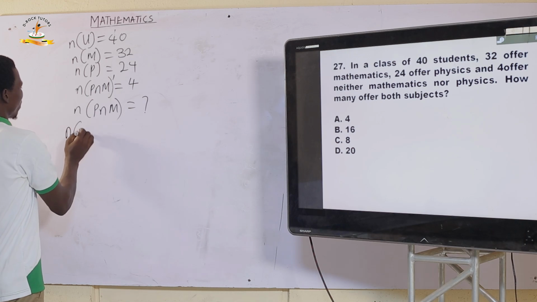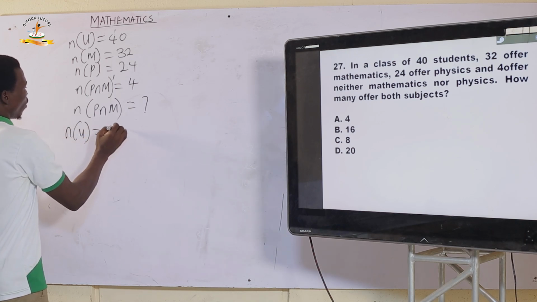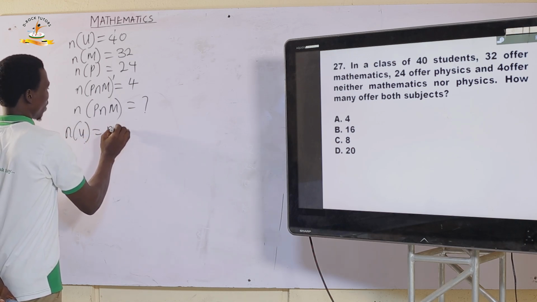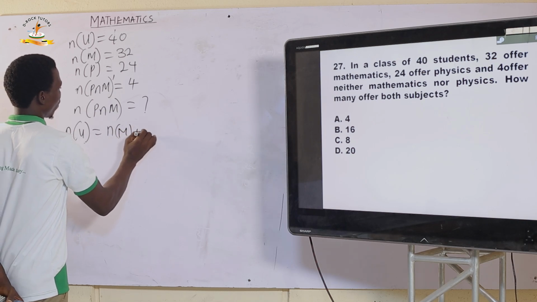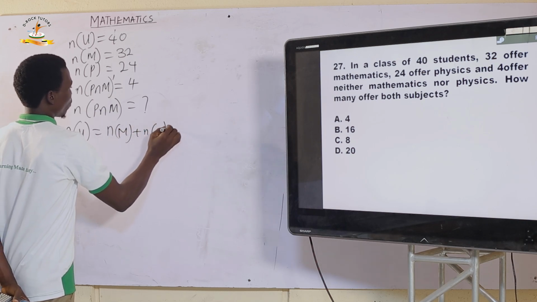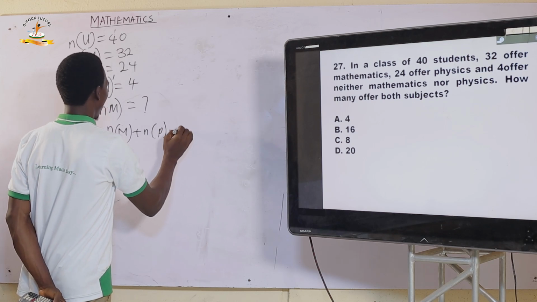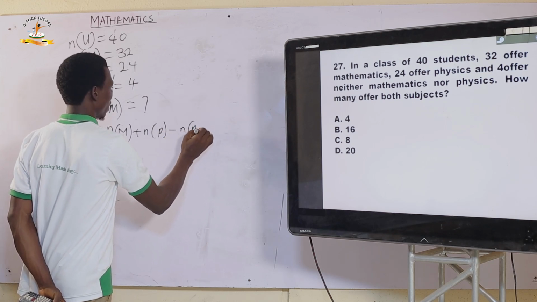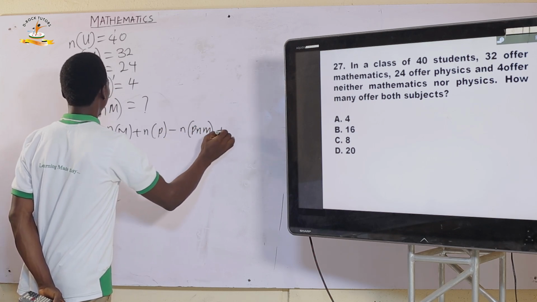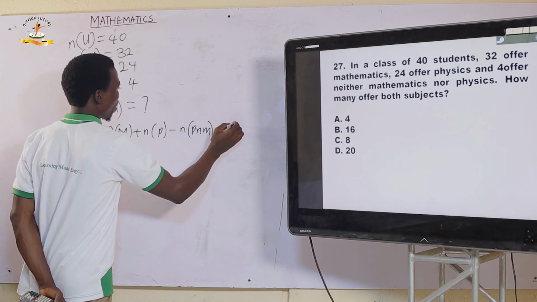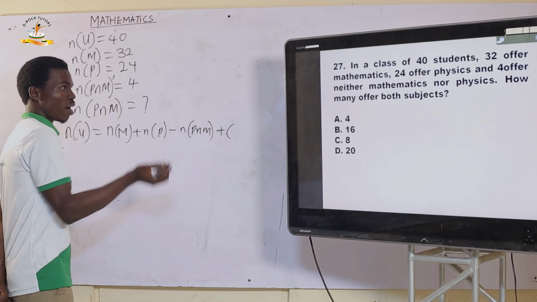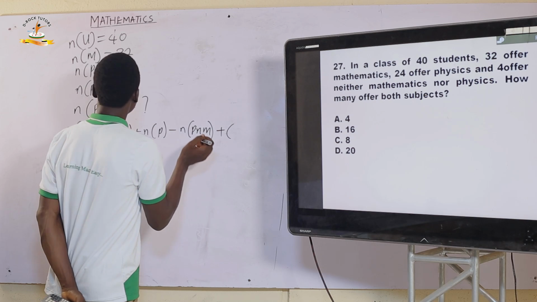Number of the universal set is number of mathematics plus number of physics minus number of people that did both, so number of P intersection M, plus number of people that were never part of the students that offer either mathematics or physics.